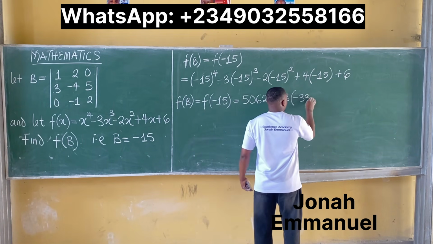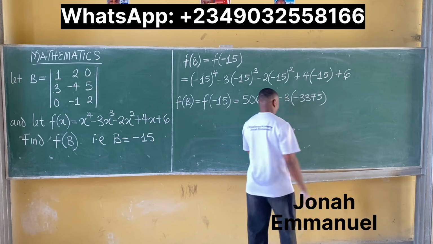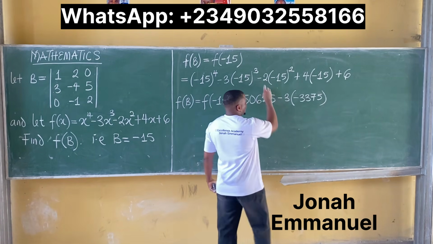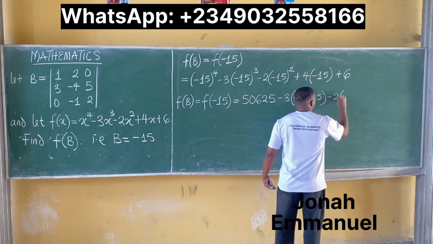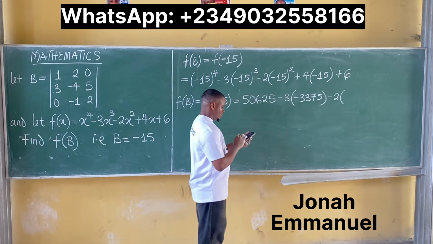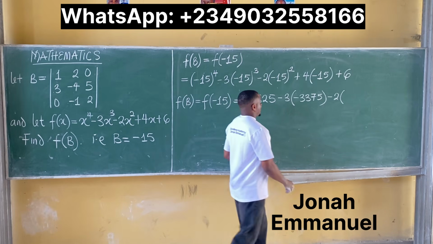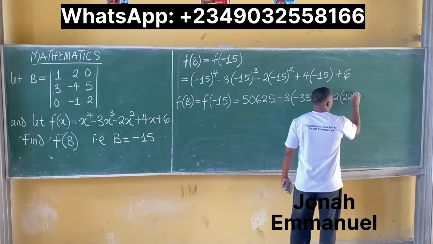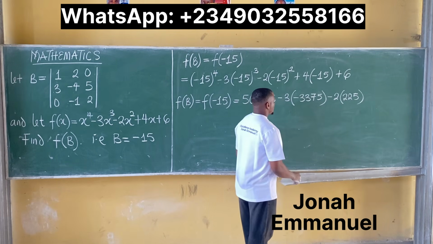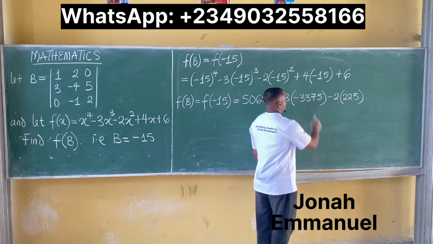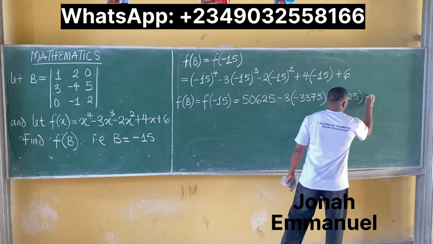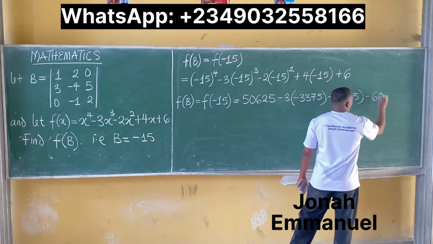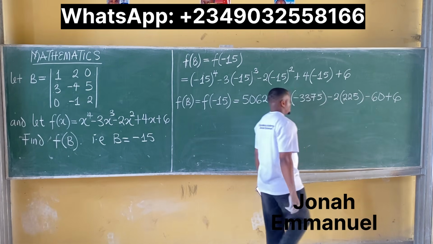Next, minus 2 into minus 15 all squared, which is 225. Then plus 4 times minus 15: plus times minus is minus, 4 times 15 is 60, then plus 6.